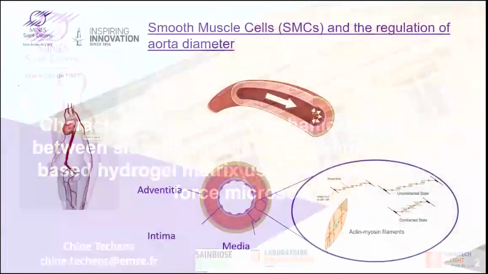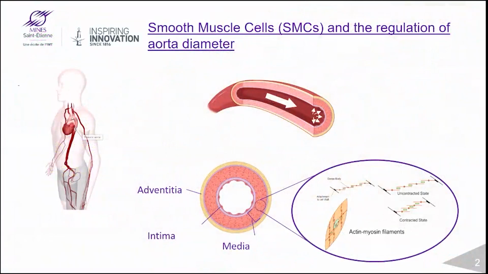So, my main activity focuses on the aorta and the ascending aorta. The aorta is composed basically of three layers: the external layer, the internal, and the media, which represents 2/3 of the total wall thickness. The media is mainly composed of smooth muscle cells and elastic fibers.